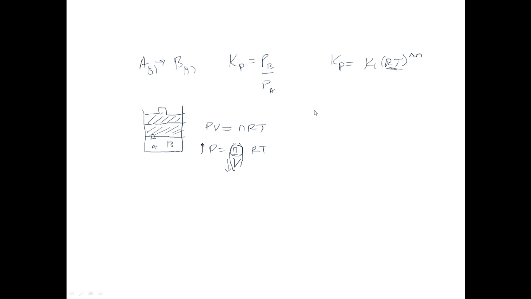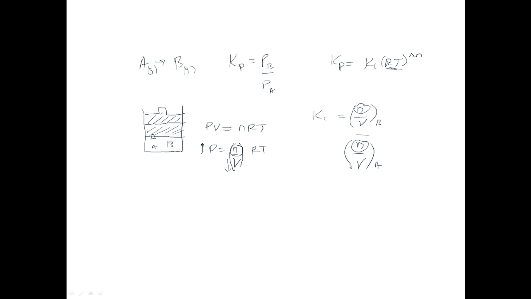Well, think about it this way. If we write this Kc equals n over V of B, so there's the molarity of B, and we divide that by n over V, that's the molarity of A, and the moles stayed the same, and the volumes changed the same amount.